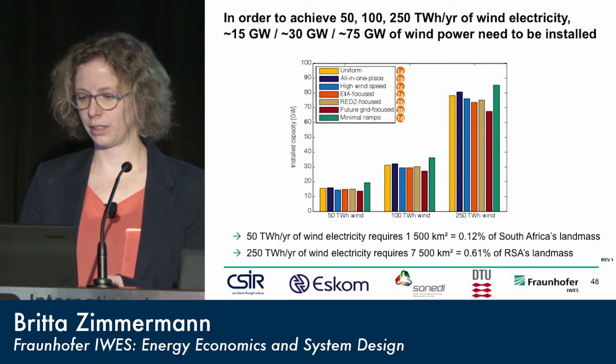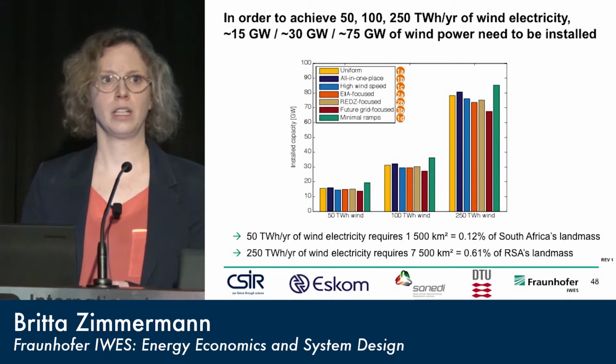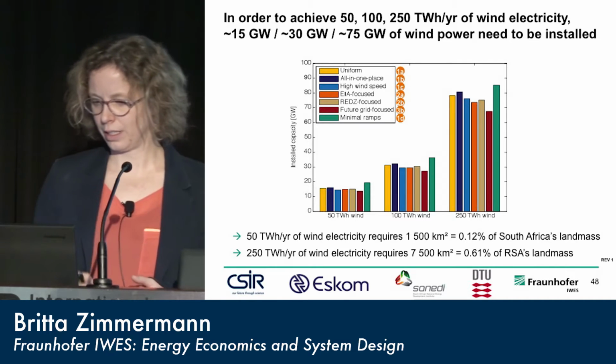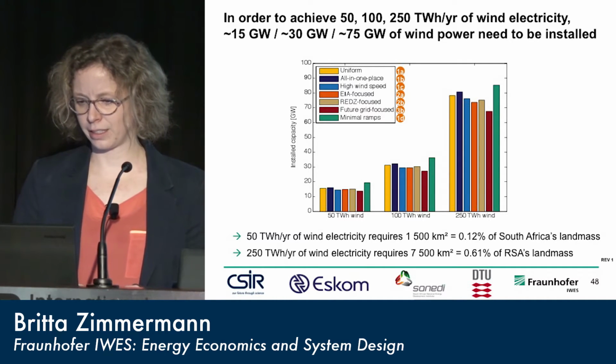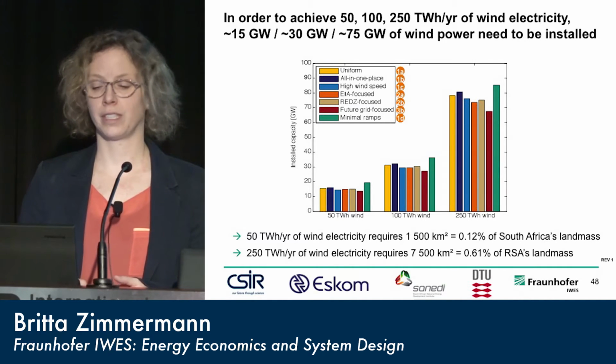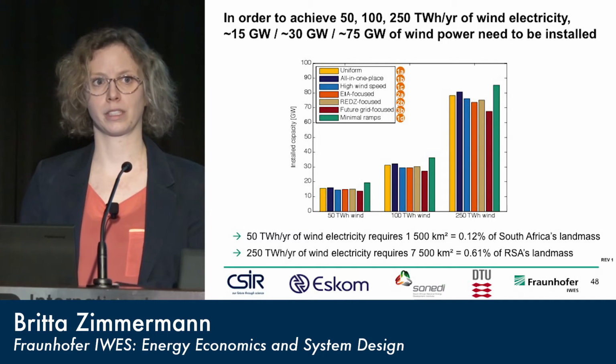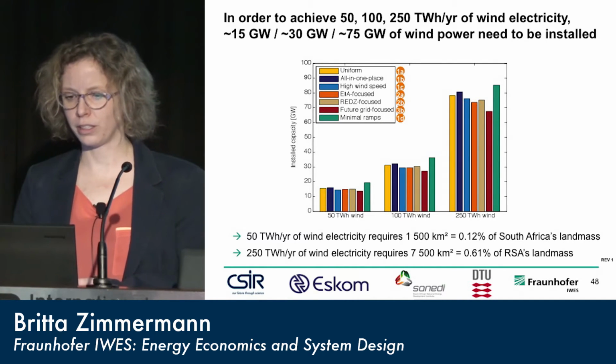So it was the minimal distance locations were chosen, but there was also a criteria saying that the full load hours had to be more than 3,500, and this way you don't need to install that much capacity if you operate the turbines a lot.